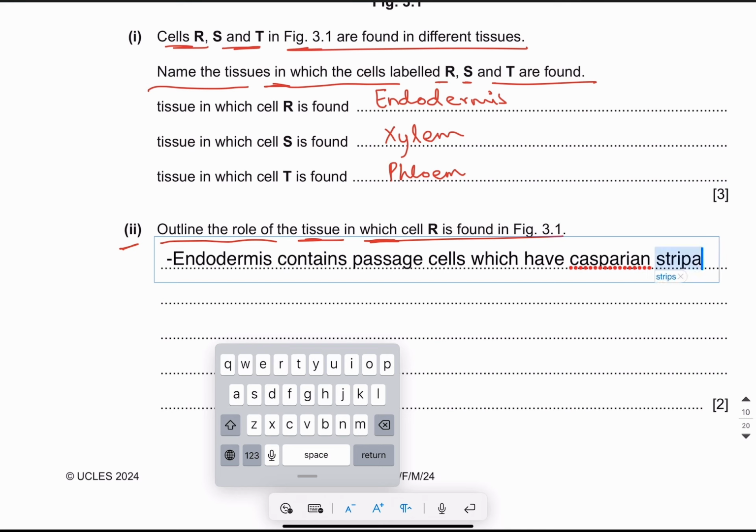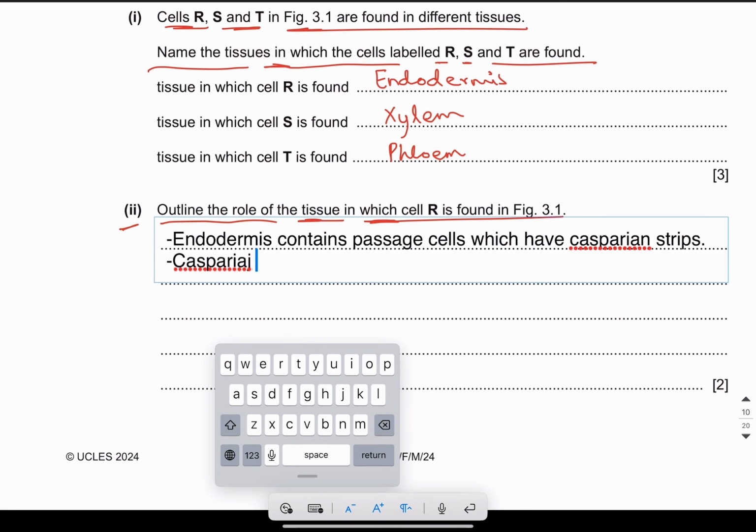Casparian strips block apoplastic pathway and keep the symplastic pathway open.